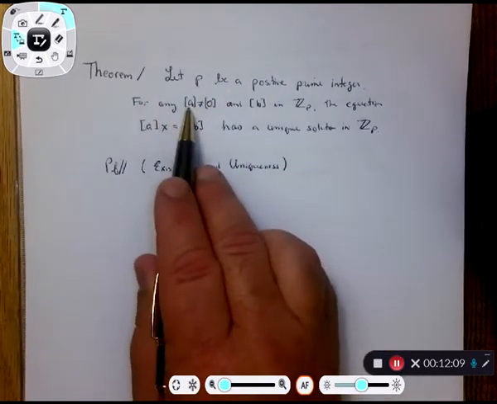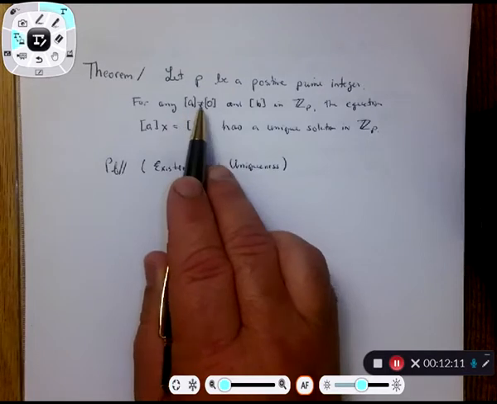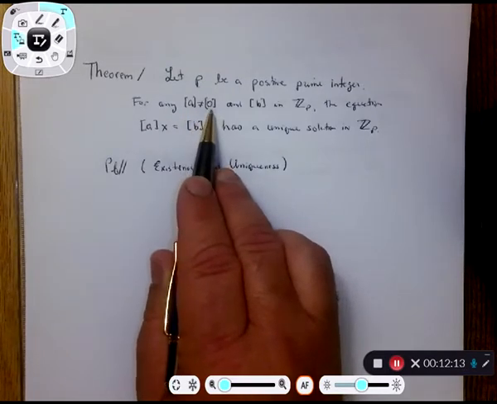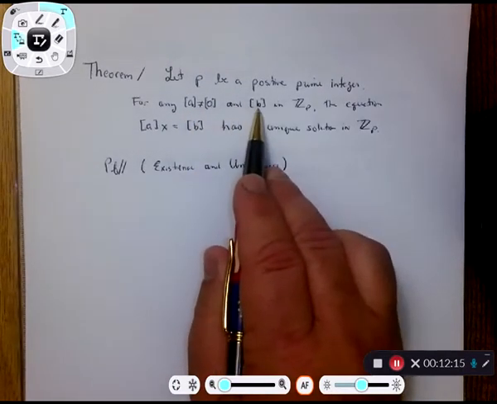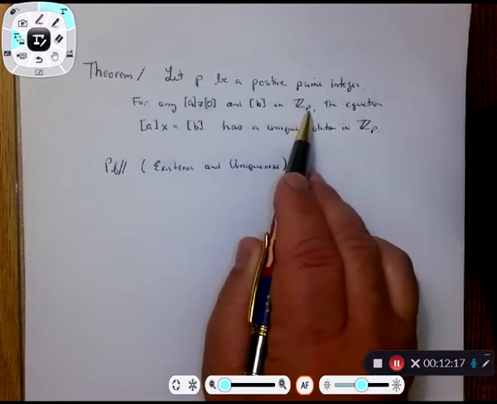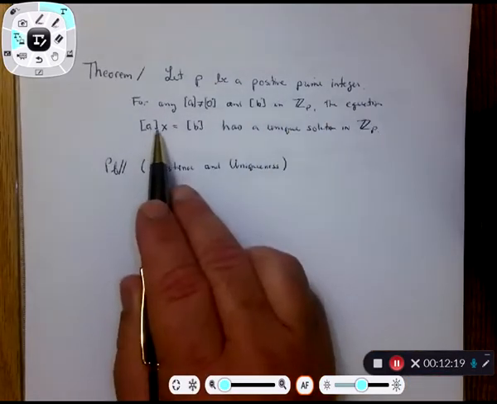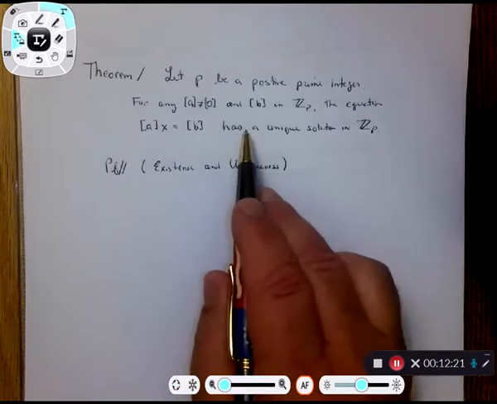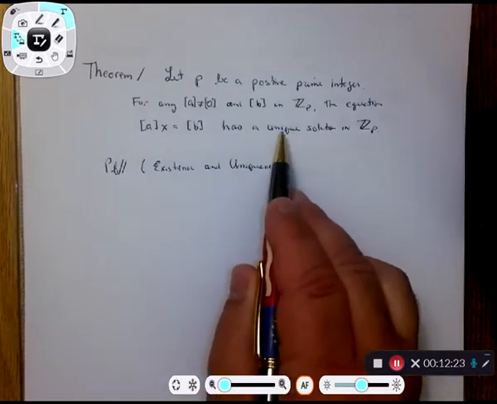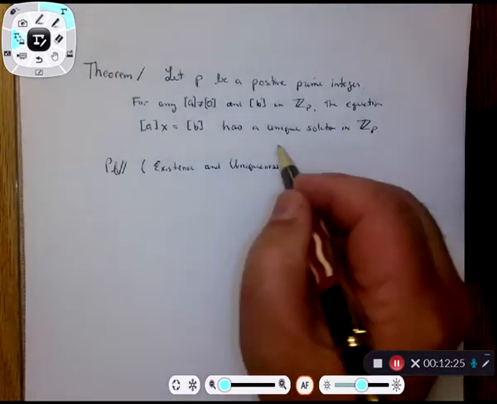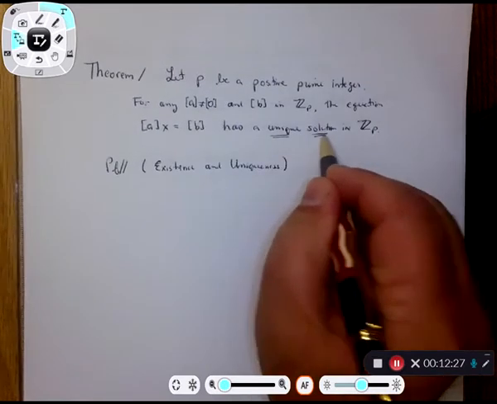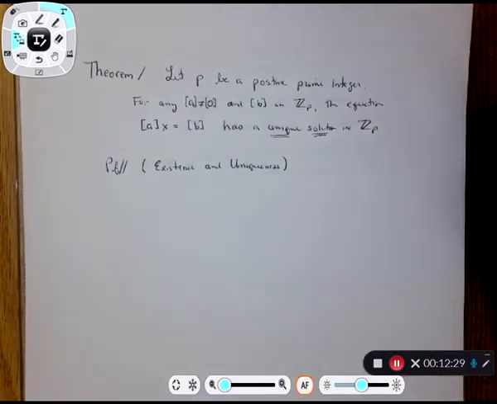Then for any equivalence class A that is not equal to the 0 equivalence class, and equivalence class B in ZP, the equation AX equals B has a unique solution in ZP. And I'm focusing on this concept of the words unique solution. Okay?